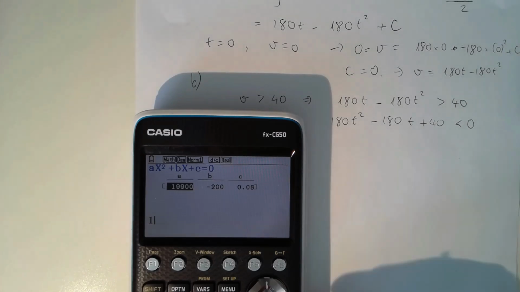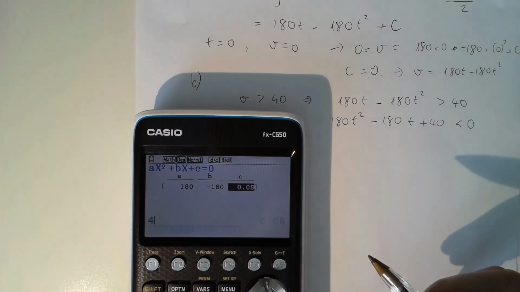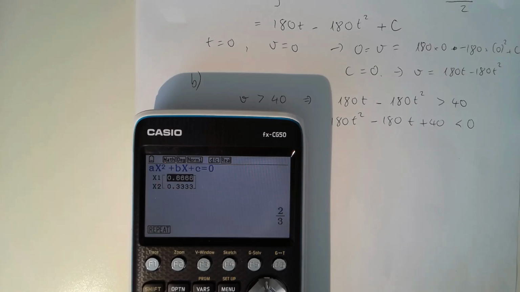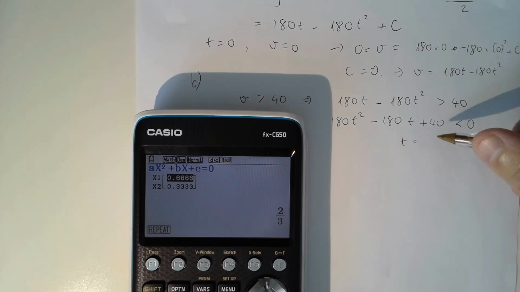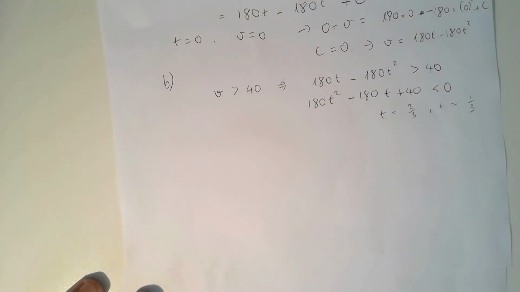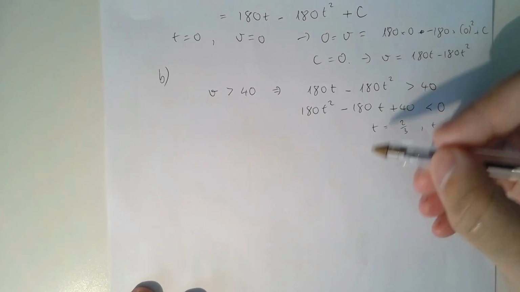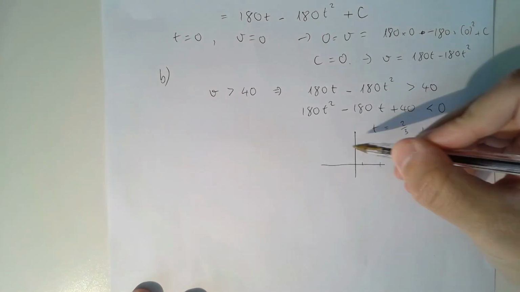So a equals 180, and then b equals minus 180, and then of course c equals 40. And you work out here is t, the first one, not x. In here you write x, but here we know that t is 2 over 3, and t equals 1 over 3. So the quadratic smiley face intercepts at 1 over 3 and 2 over 3 here.